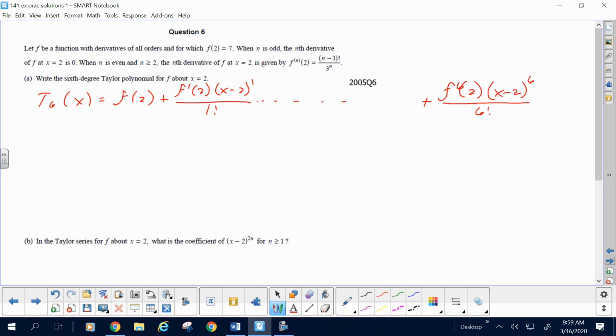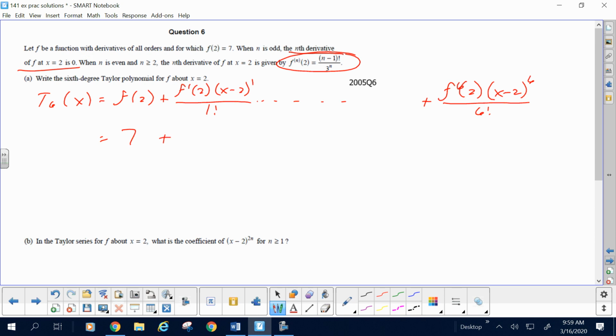Right? Now, using what they tell me about the function, they tell me that f of 2 is 7. When n is odd, the derivatives are 0, and when n is even, we have this rule going on for the derivatives. All right.